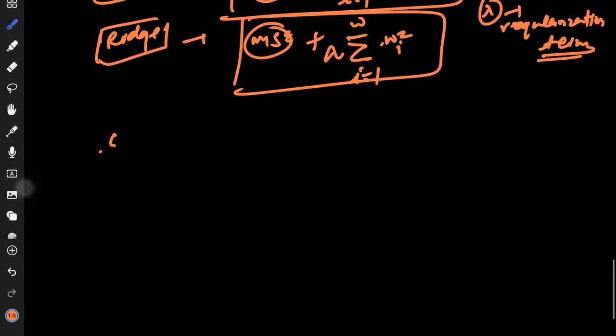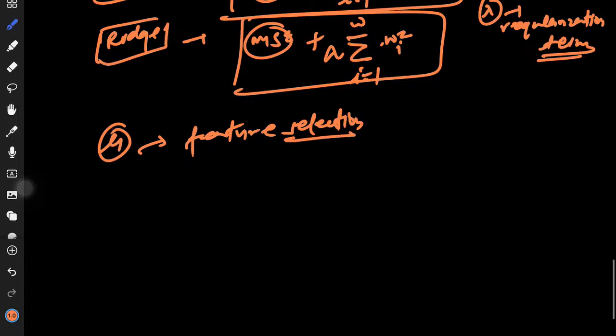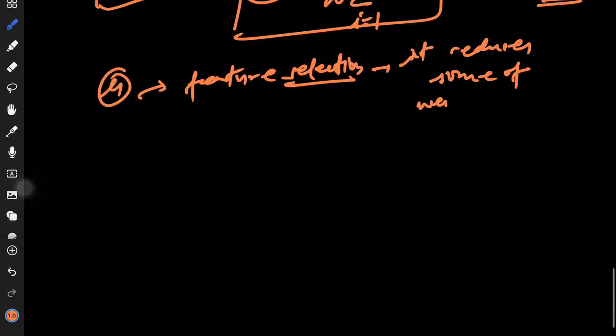Okay, what does L1 do? L1 does feature selection. And how does it do feature selection? It reduces some of the weights to 0. And what does L2 do?